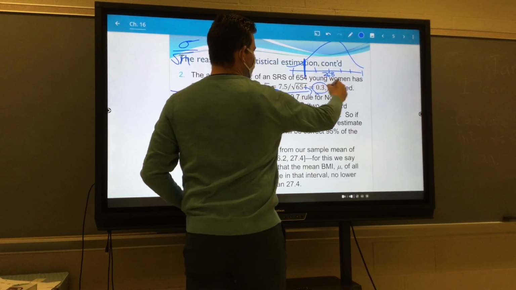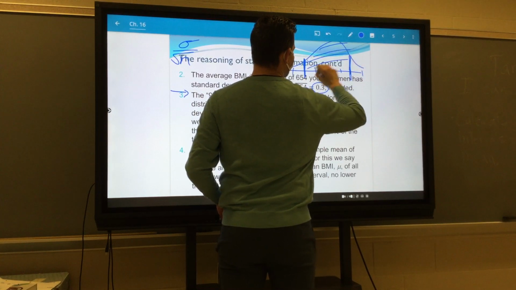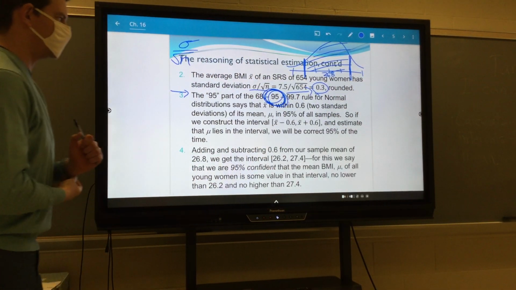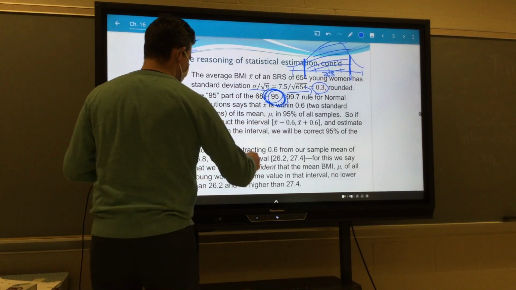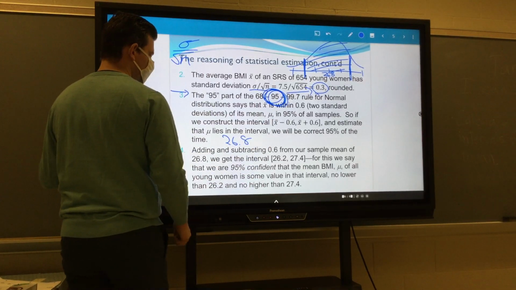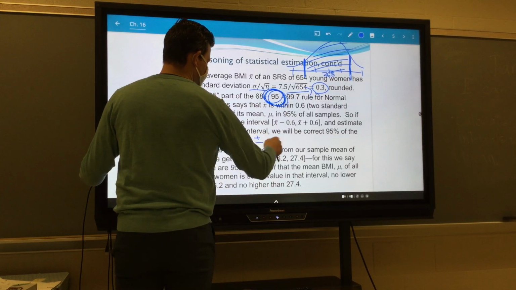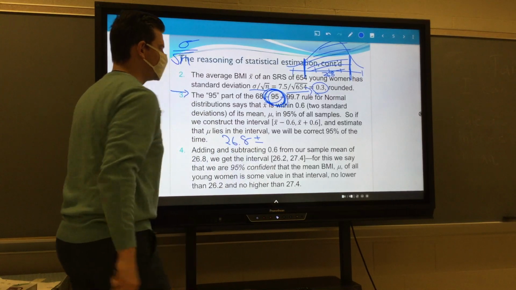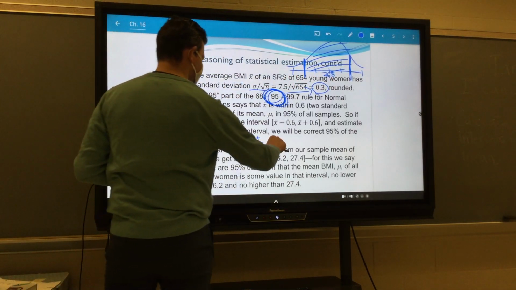So we're looking at here to here. And we want our interval to cover this ground from our sampling distribution. So let's put that into play here. We had 26.8 as our X bar. We're going to subtract and add 2 of those 0.3s because it's 2 standard deviations below and 2 standard deviations above.